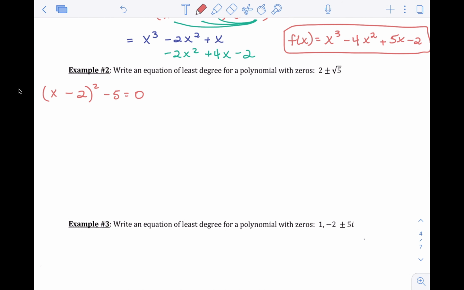If you're going to SADMEP this, you're first going to have to add the 5 over, the addition you can currently access, which leads you to x minus 2 squared equals 5. The next step would be to square root both sides.